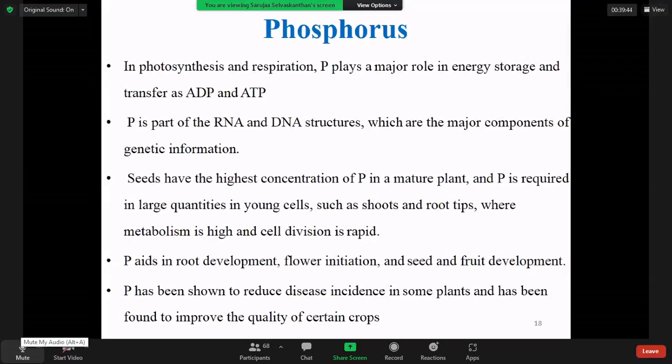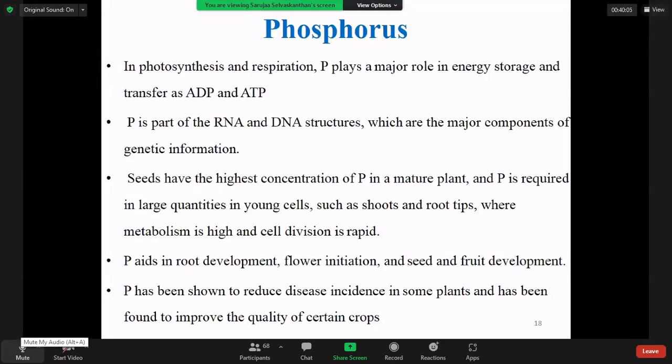In photosynthesis and respiration, phosphorus plays a major role in energy storage and transfer, as ADP to ATP. Phosphorus is a part of the RNA and DNA structures, which are essential components of genetic information.